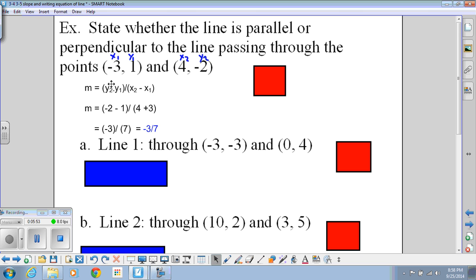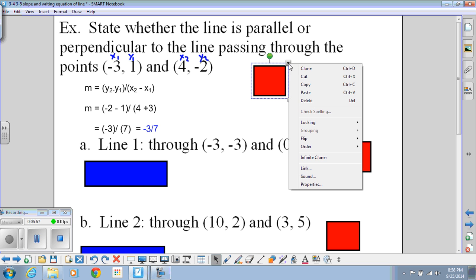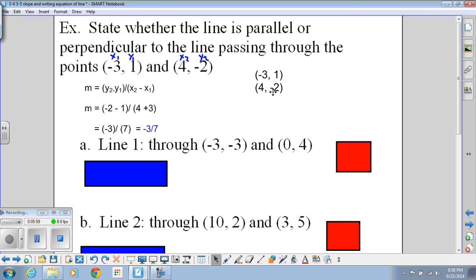Now, if you're not big on formulas, I want to remind you of another way you can find your slope. If you remember from tables, when you did tables in Algebra 1, I can stack these points one right underneath each other. This column right here, these two are my x's, these are my y's.